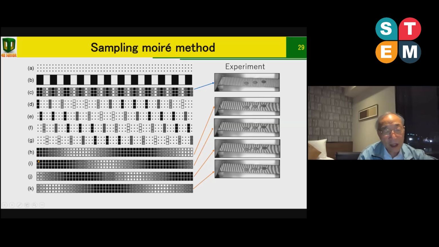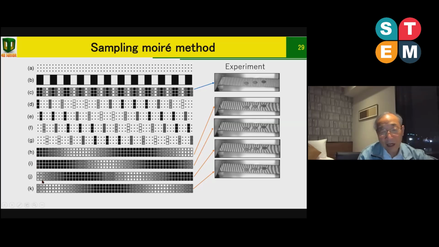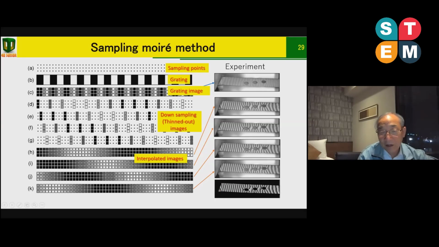So we can obtain the same pixel points, phase shifted grating pattern, moiré fringe pattern. From this phase shift brightness, we can analyze the phase distribution. Then we can obtain the phase distribution.